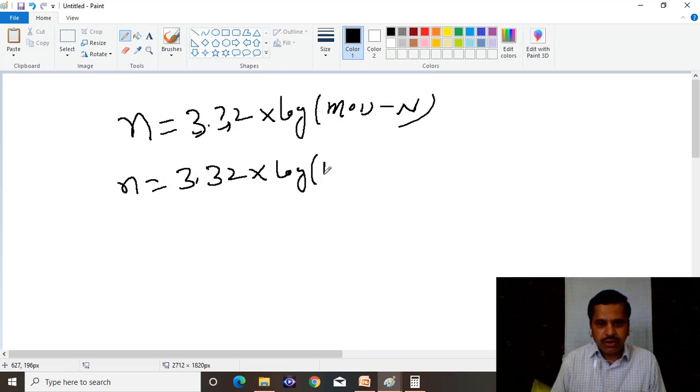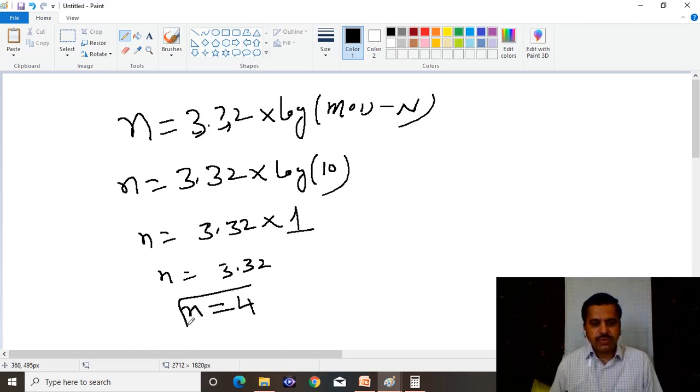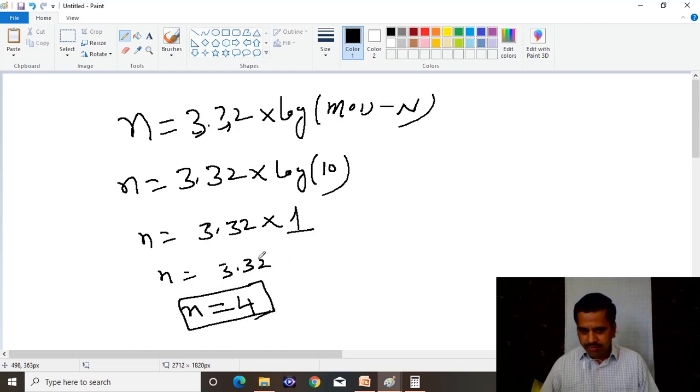Here for the mod 10 counter, it is log 10. So n is equal to 3.32 times log 10, and log 10 is nothing but 1. So we got n equal to 3.32. We got a fractional value, so we have to round up to the next higher digit, that is 4. To construct the mod 10 counter, we need 4 flip-flops.